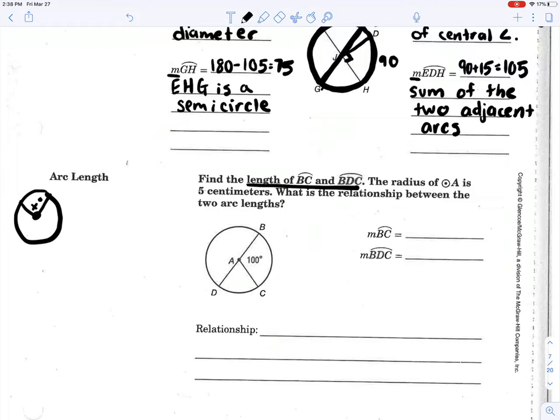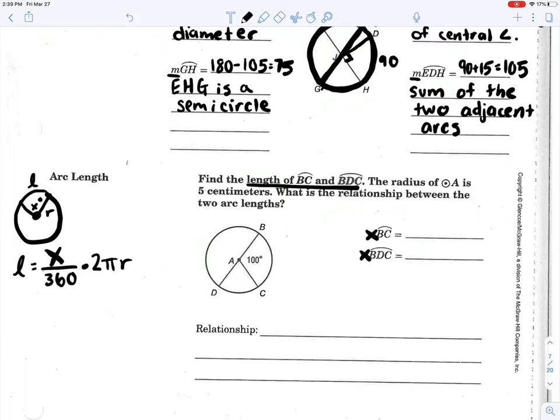I can take this central angle x degrees and the radius to find the arc length. Arc length is the portion of that circle, x over 360, where x is my central angle, multiplied by 2 pi r, which we learned yesterday. That was my formula for circumference. So if I wanted to find the length of either of these, I could.